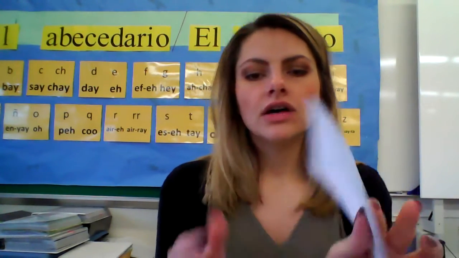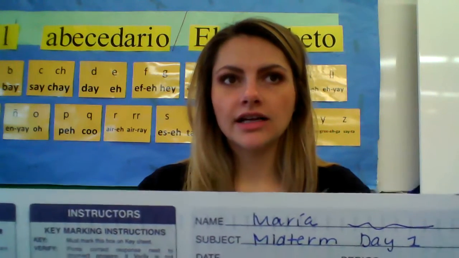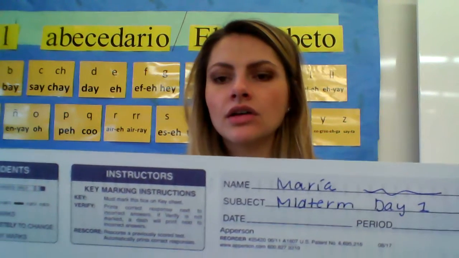Beginning with a Scantron, you need to fill that out. So the top line is a name line. Go ahead and write your name. So I chose Maria as the first name, and then you would put your last name. But you're putting your name. Below that is the subject line. You should go ahead and write midterm day one.